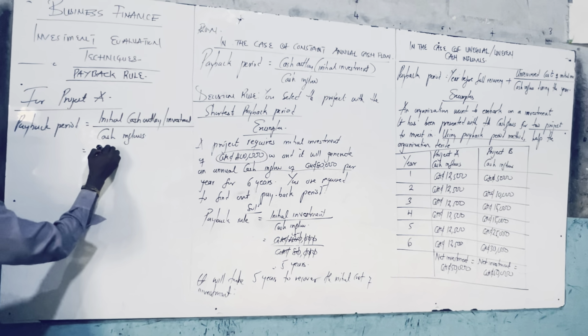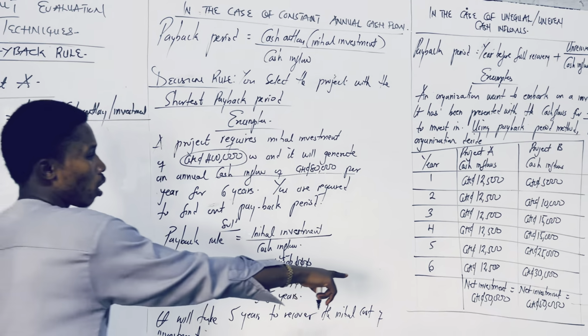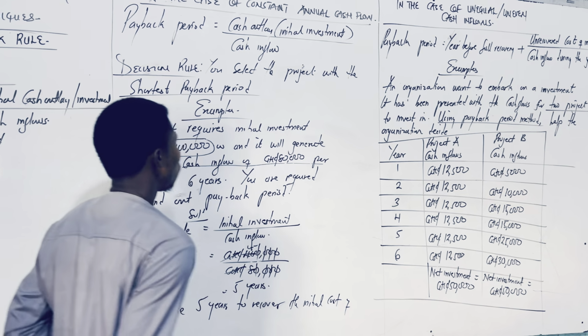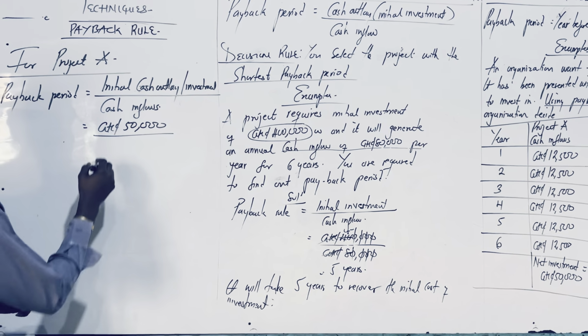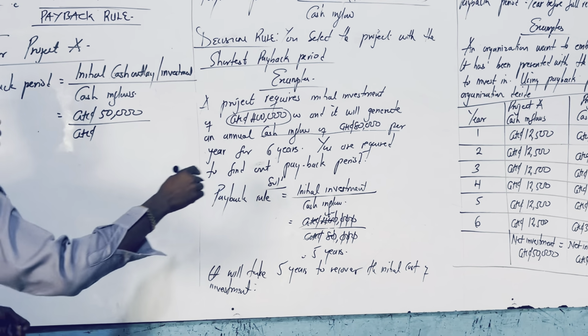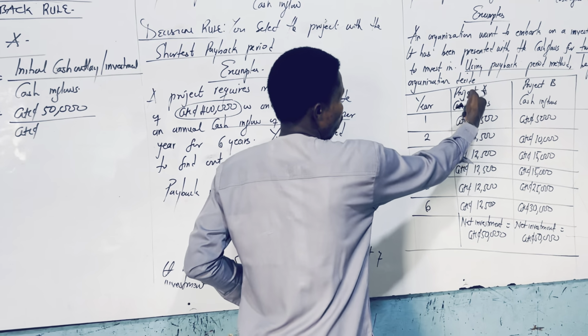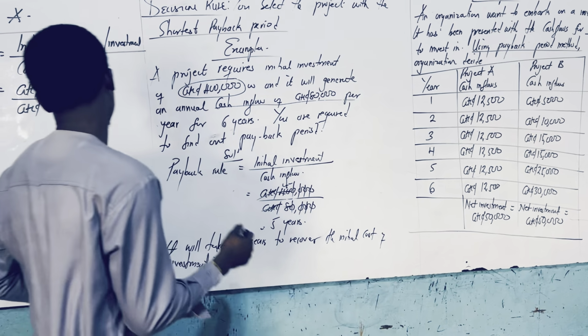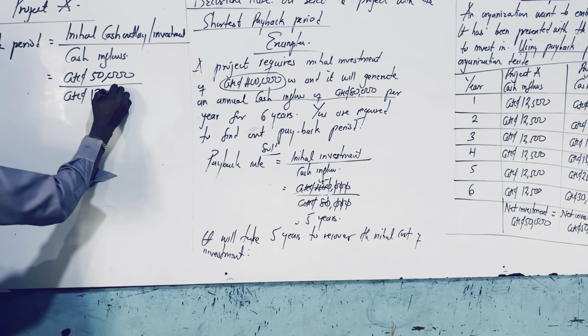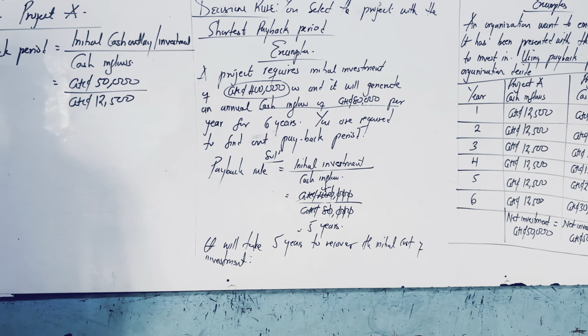So here you see that from the table, our initial investment is 50,000, and they are expecting constant cash inflow for the whole year, so 12,500.